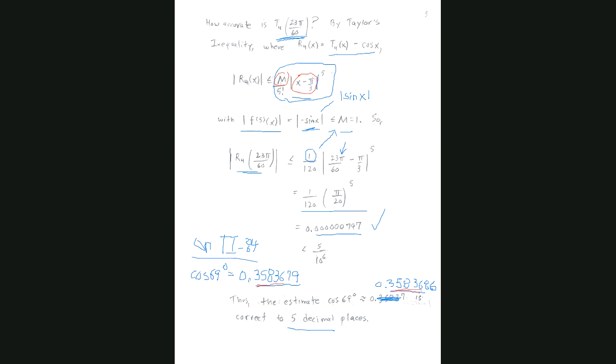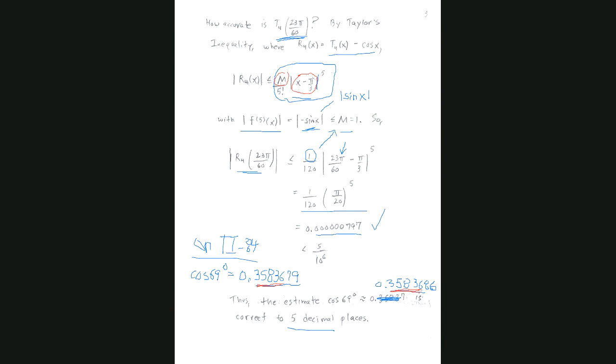So for our approximation for the cosine of 69 degrees, let's assume the TI-84 calculator is giving a very, very accurate answer. Our Taylor polynomial approximation of 0.3583686, the first 5 digits of our approximation, 0.35836, agree with the answer that the calculator gives us.